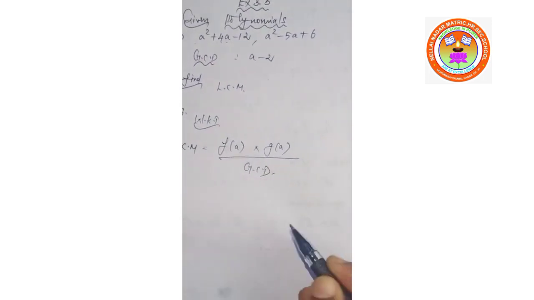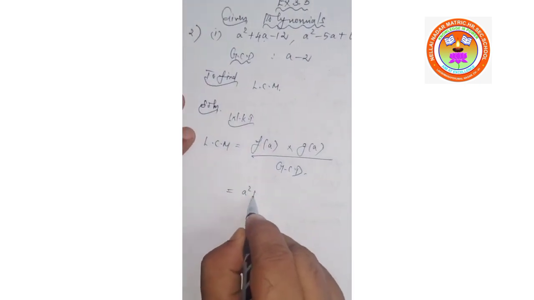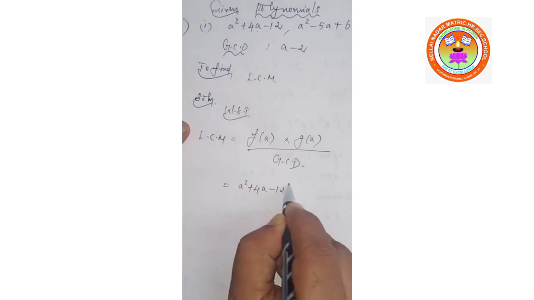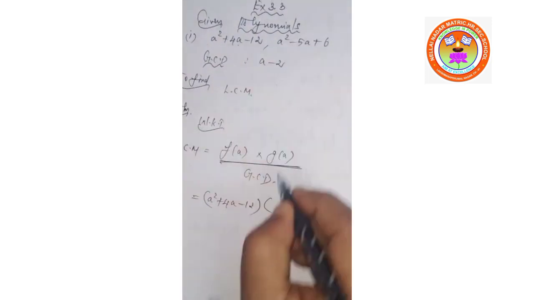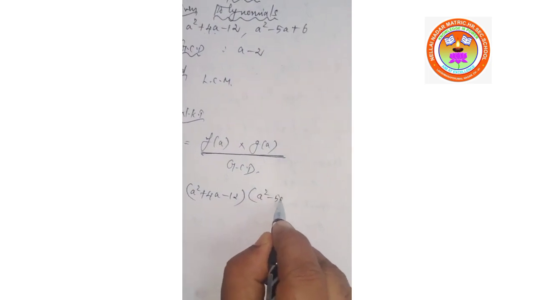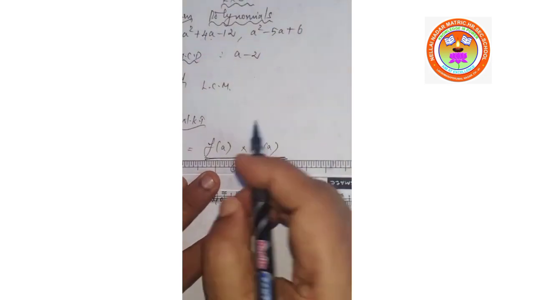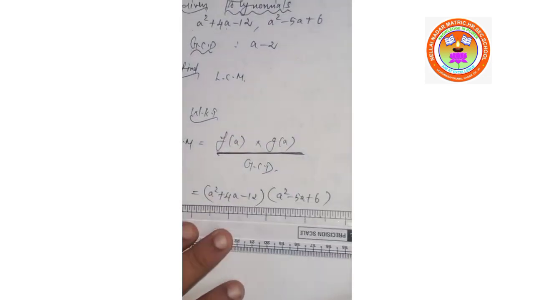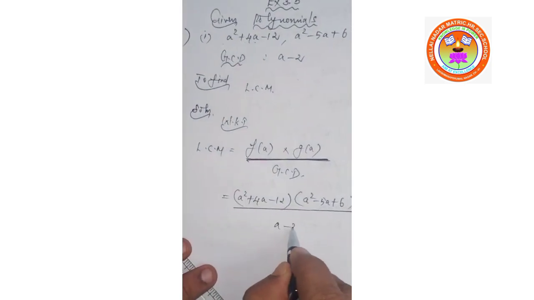This is the formula. Okay, f of a, write as it is, a squared plus 4a minus 12 into g of a, a squared minus 5a plus 6, divided by GCD equals a minus 2.